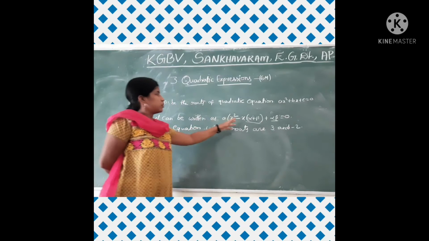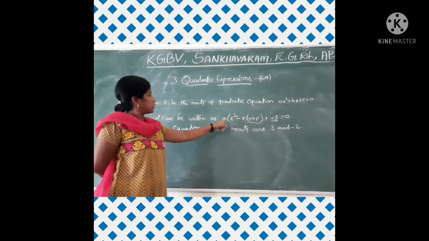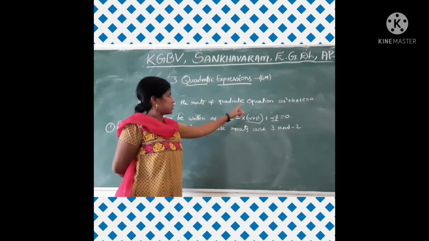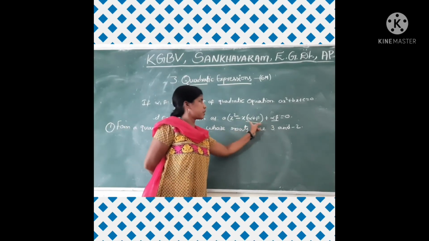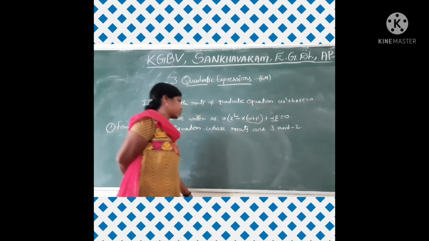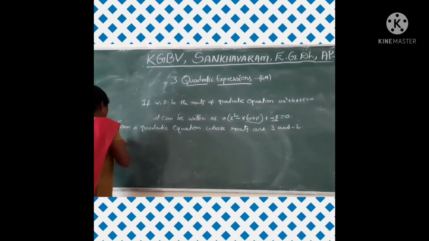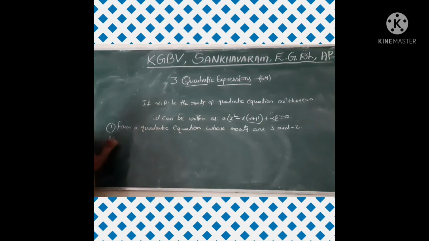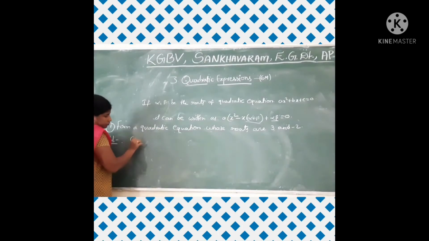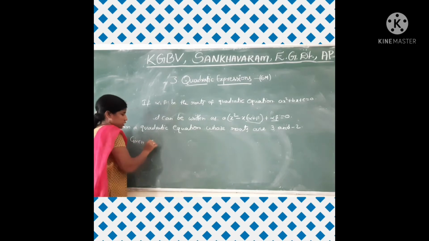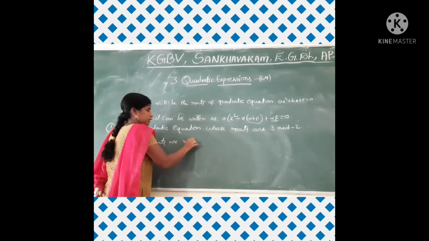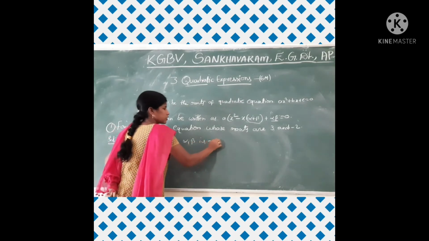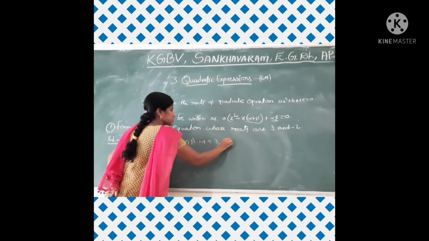Okay, we already know the formula with the sum of the roots and the product of the roots. Solution: given the roots alpha, beta are 3 and minus 2.